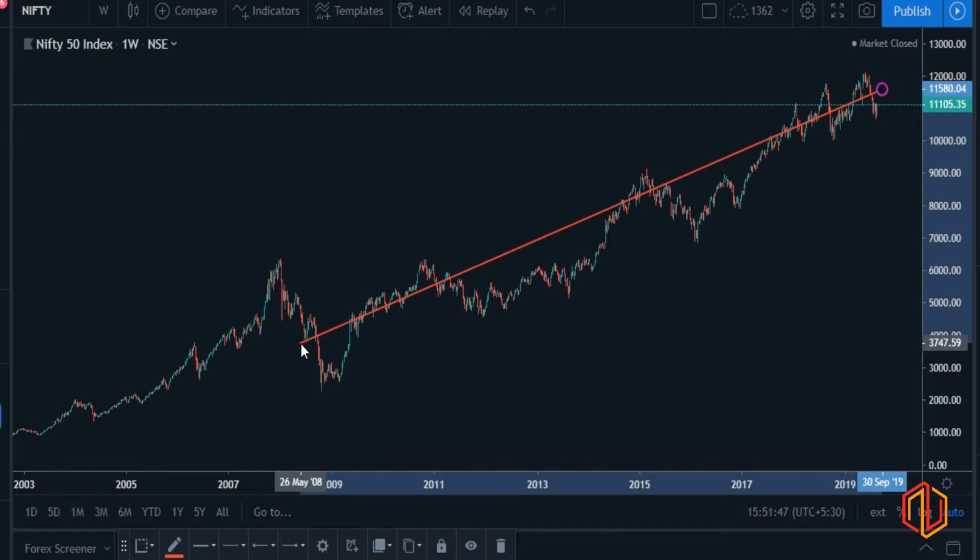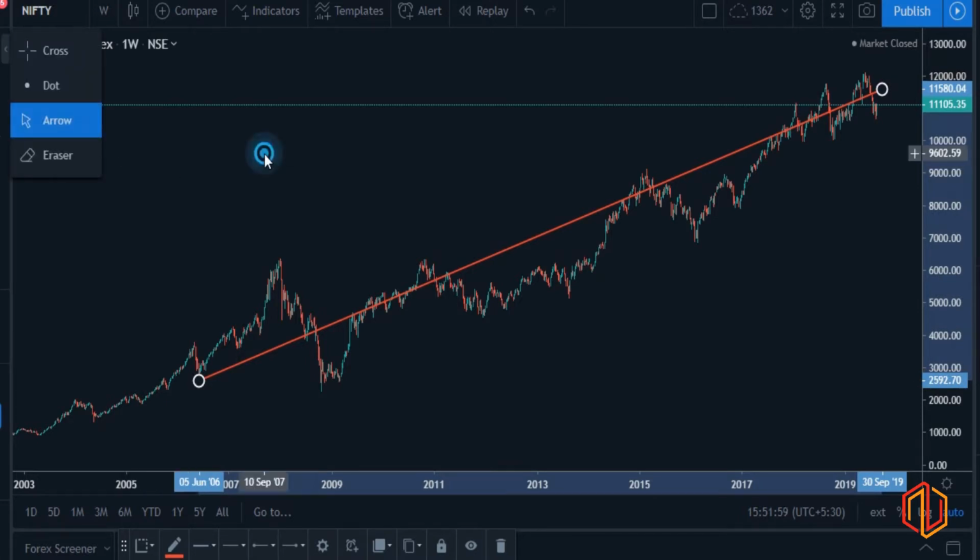The reason that I have supports before as well is what gives me the confidence that I am able to understand the market direction and make this trend line appropriately.